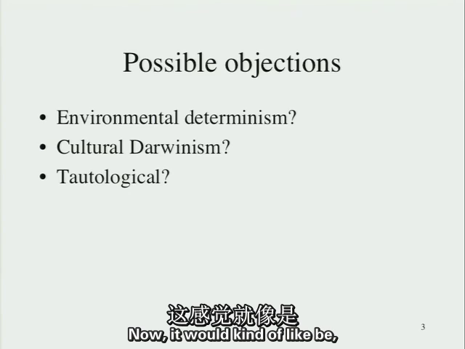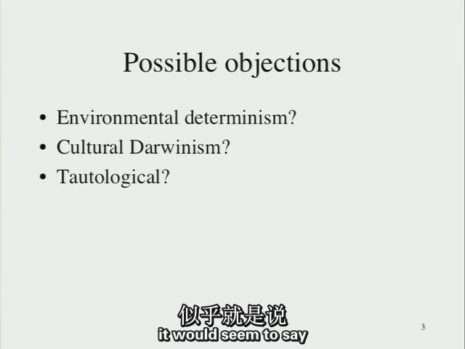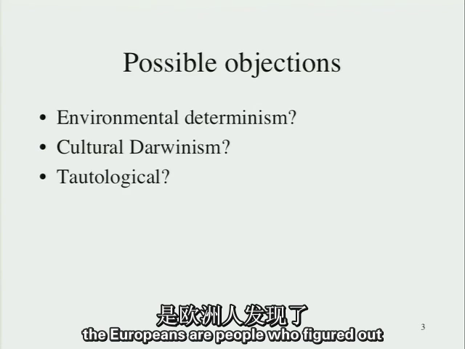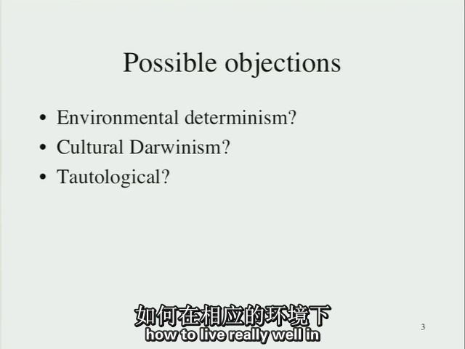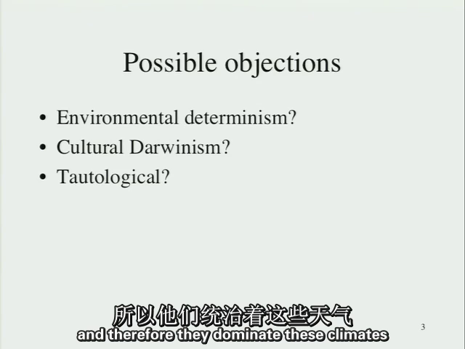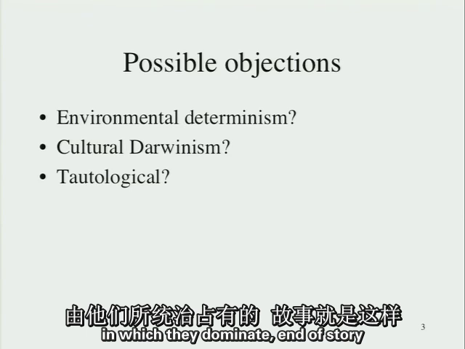Now, putting it in its simplest terms, it would seem to say the Europeans are people who figured out how to live really well in certain kinds of climates, and therefore they dominate these climates because these are the climates in which they dominate.